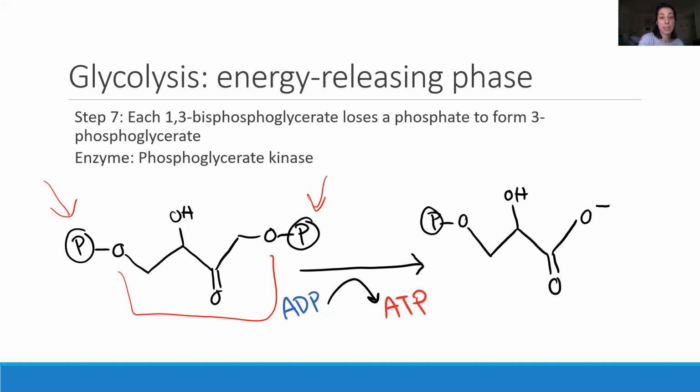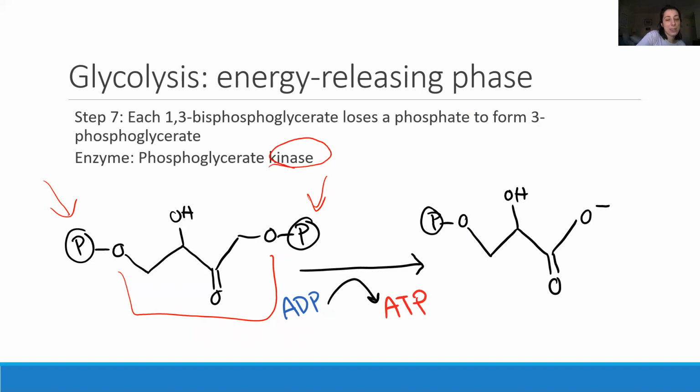This molecule is now going to start breaking down and releasing ATP. So in step 7, we are going to see our first production of ATP. And I'm going to remind you again that all of these steps are doubled because we have 2 of these 3 carbon molecules. This uses phosphoglycerate kinase.